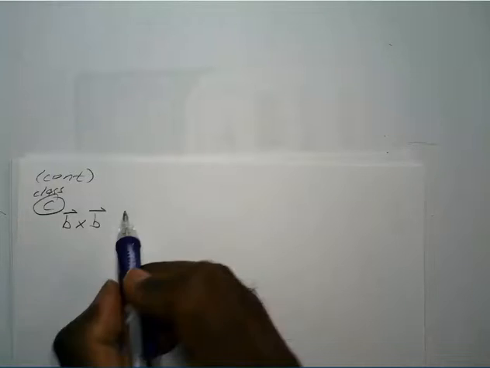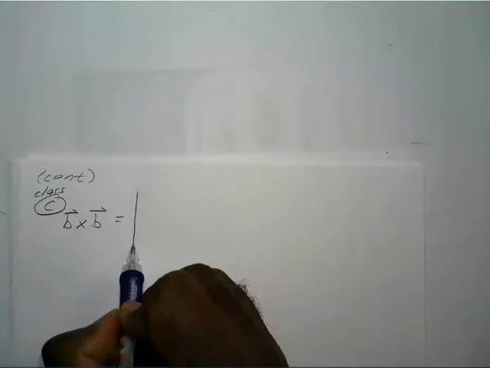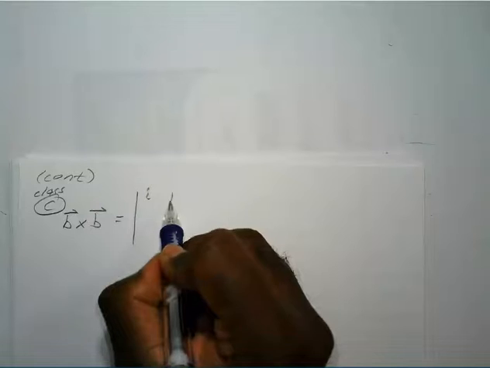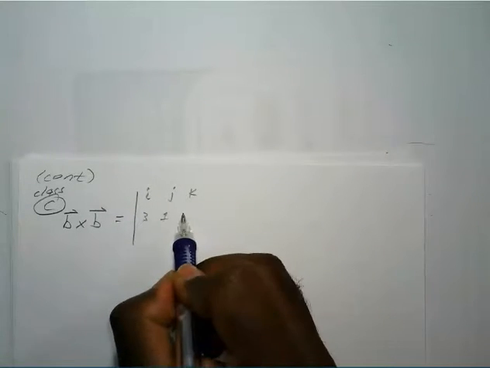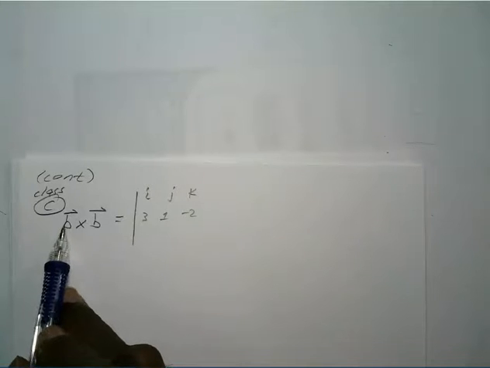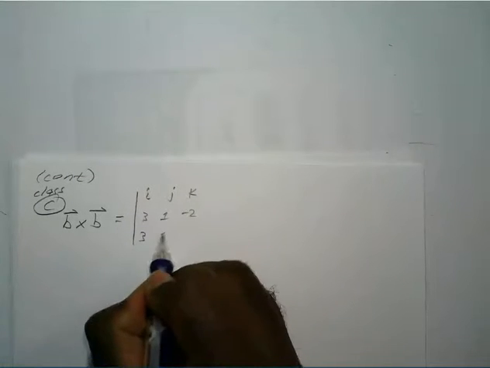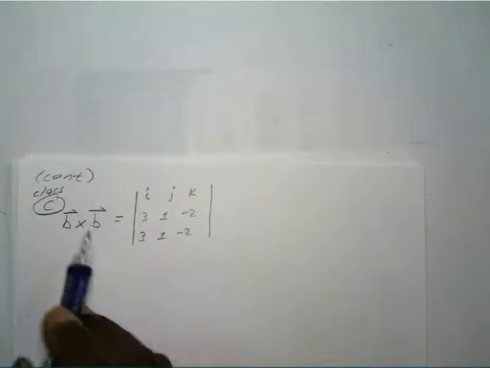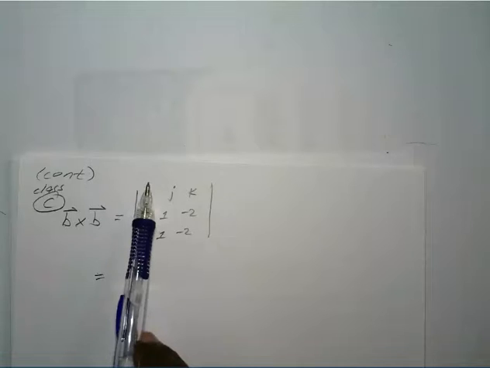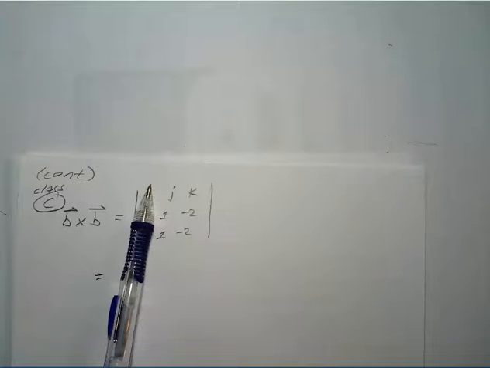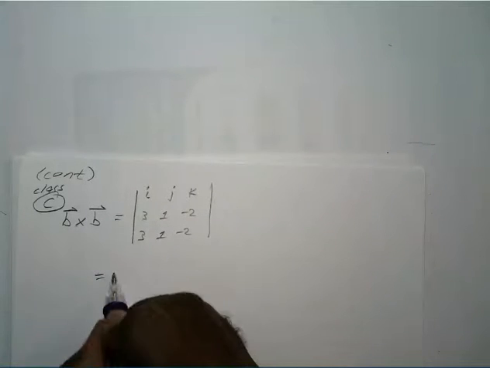All right, so I'm assuming you've pressed pause and you've worked this one out on your own. So let's go ahead and try this. We have i, j, k. Okay, so we have 3, 1, -2, the components of the first B, and 3, 1, -2 is our components of the second B. Okay, so that's going to equal, if we cover up our i, we have 1, -2, 1, -2.